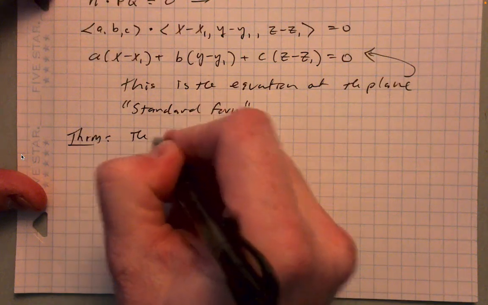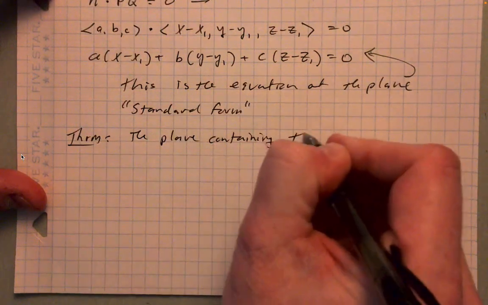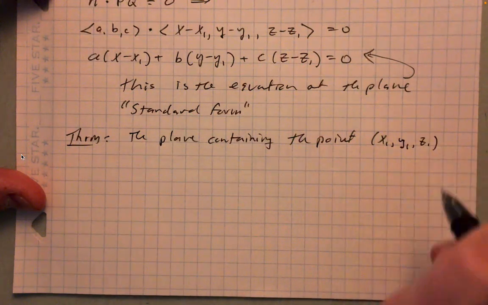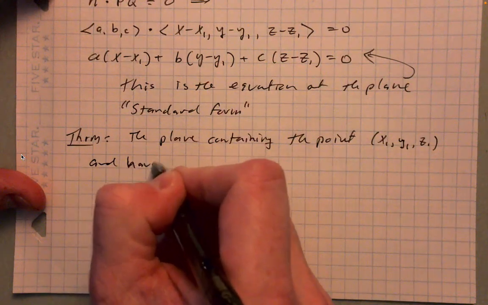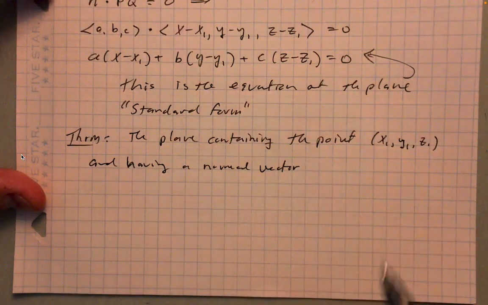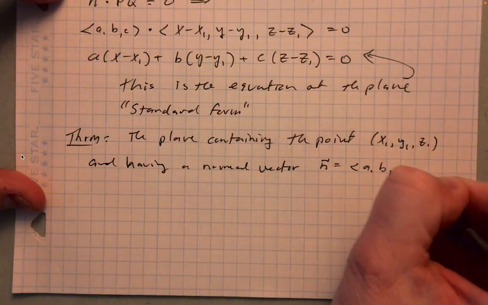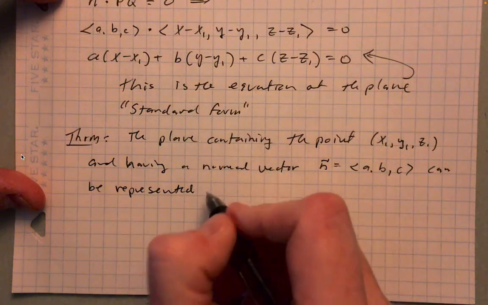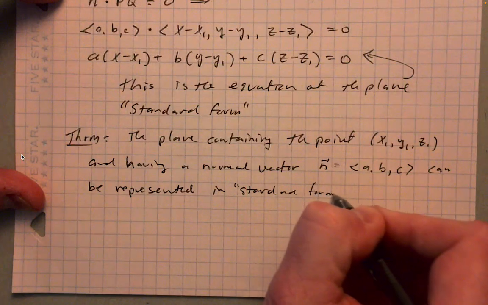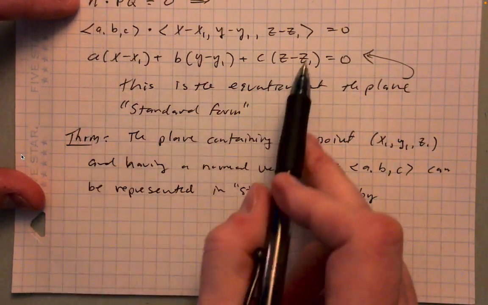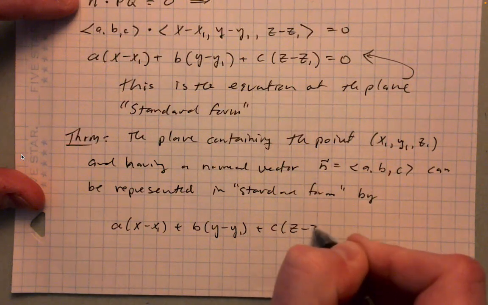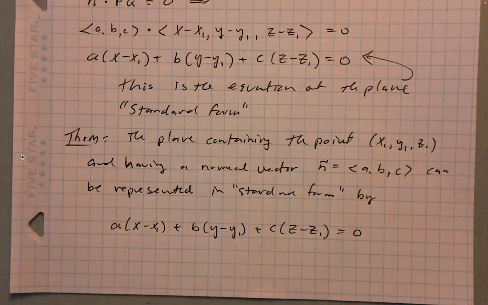So the plane containing the point x1, y1, z1, and having a normal vector n equals ABC, can be represented in standard form by this equation here: A times X minus X1 plus B times Y minus Y1 plus C times Z minus Z1 equals 0. Very good.